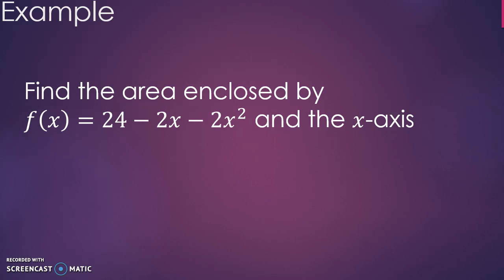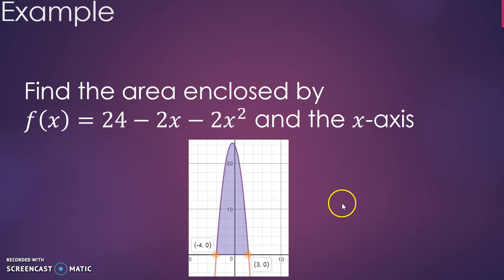If we look at another example, finding the area enclosed by 24 minus 2x squared and the x-axis. Here we're not given any limits, but as soon as we graph it, we'll see we've got our zeros here. So the area enclosed by this curve and the x-axis is this shape here. So it's going to be between x equals -4 and x equals 3.